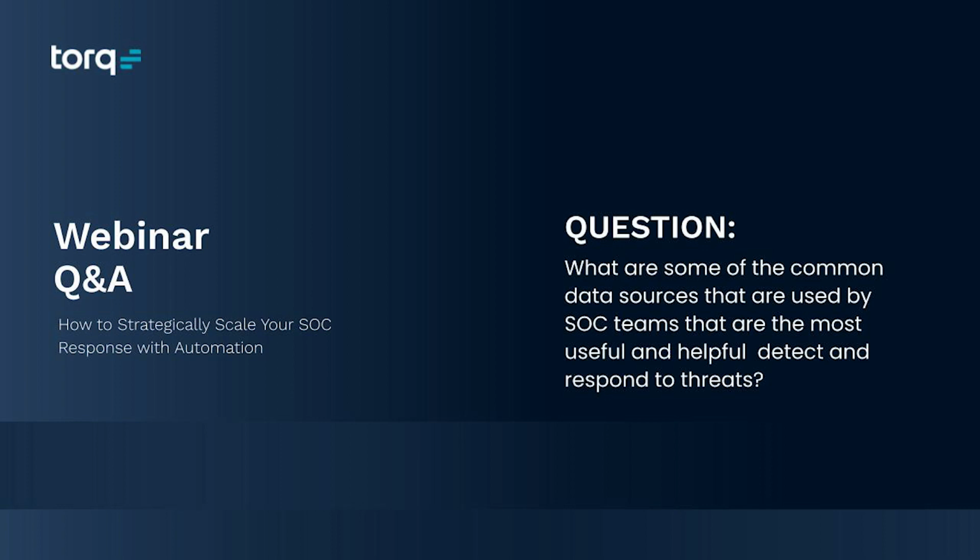Sure. So the first one, EDR, like we were discussing with John, is one of those big data sources of events that come in. Not only EDR, but also phishing. Phishing is one of the biggest ones that come up as far as the data source of an indicator of compromise that will be coming into an endpoint. Of course, cloud continues to be one of those high data sources that keep on showing up.